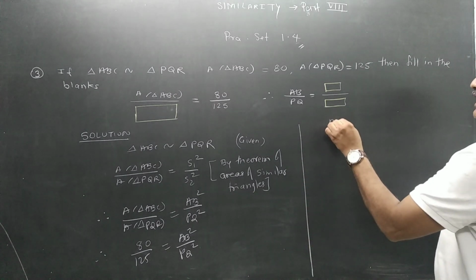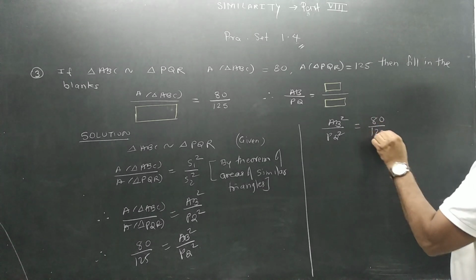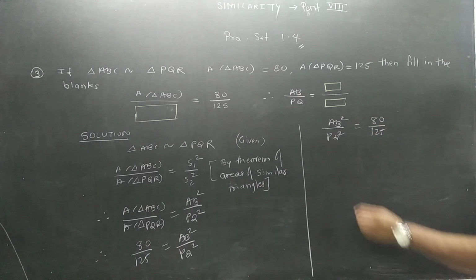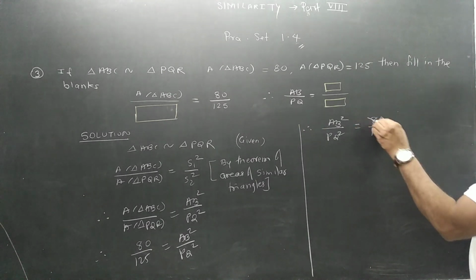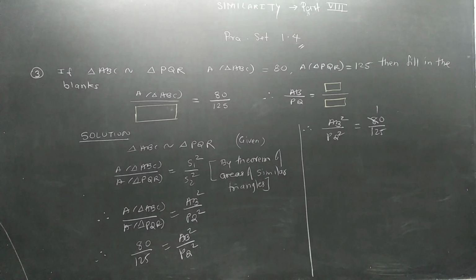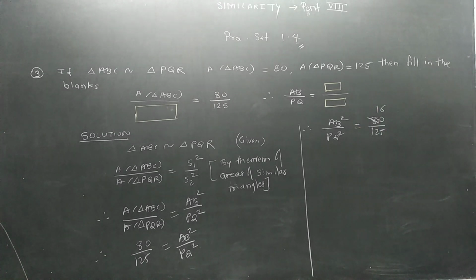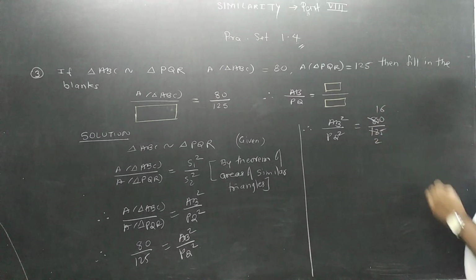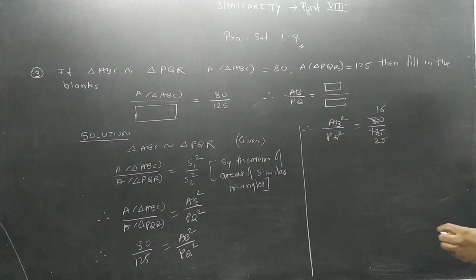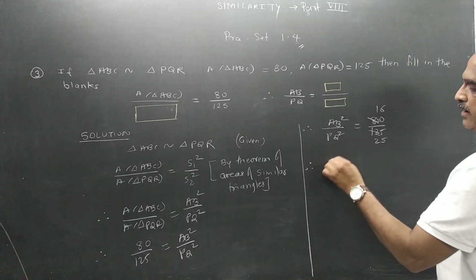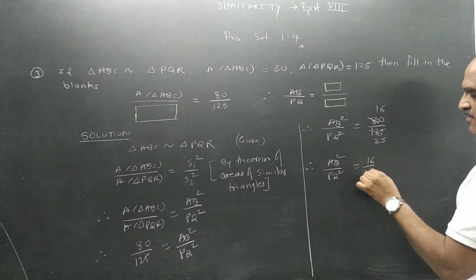So, ultimately, AB square upon PQ square is equal to 80 upon 125. Is it possible to cancel? So, we can easily cancel with 5. 5 ones are 5, now 30 is left. So 5 6s are 30. 5 2s are 10, and now 2 is left. So 5 5s are 25. So what you are getting is, therefore, AB square upon PQ square is equal to 16 upon 25.